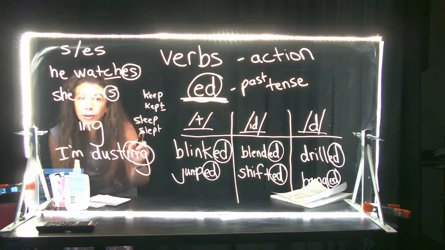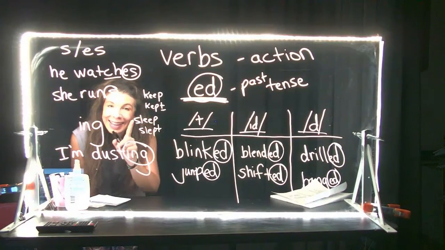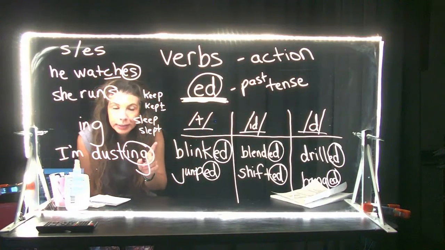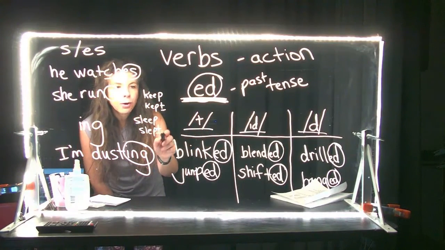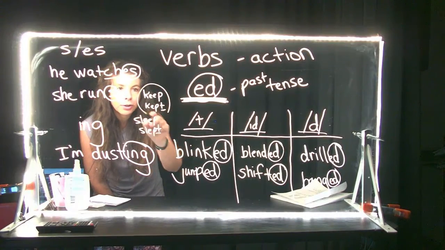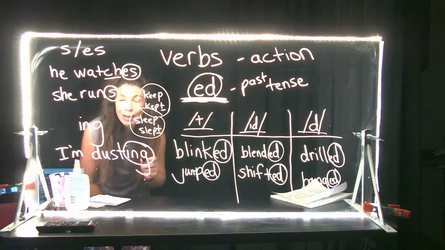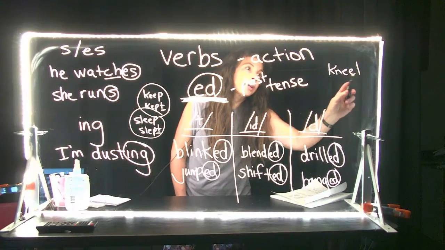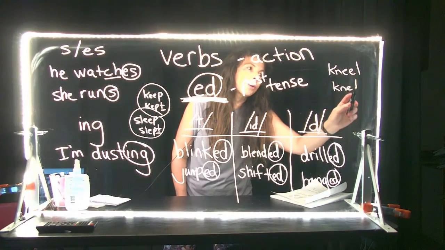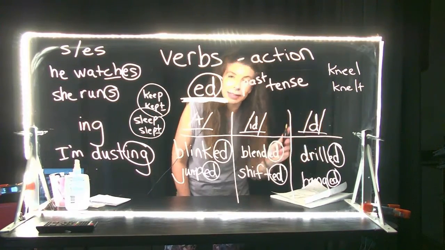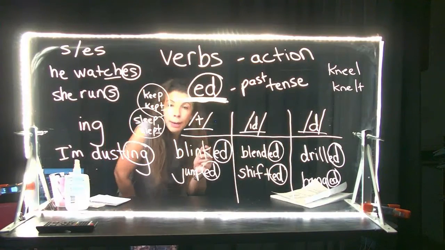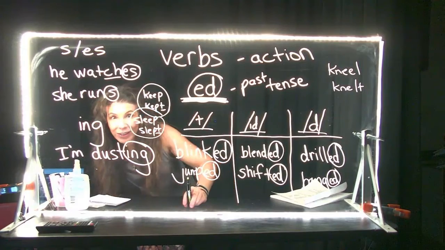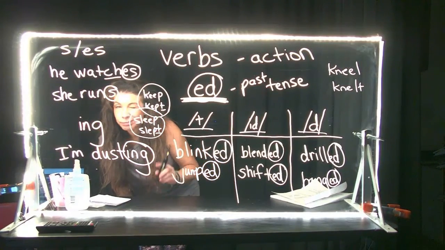Again, these are irregular. T is not a suffix. Ed is a suffix that can sound like a T. So you just have to be aware what the difference is between these irregular verbs: keep, kept, sleep, slept, kneel, knelt. That's another one, you knelt down to the ground. Dreamt, that's another one that ends with T. But most times, it's going to be your ed suffix that sounds like a T. Let that sink in.